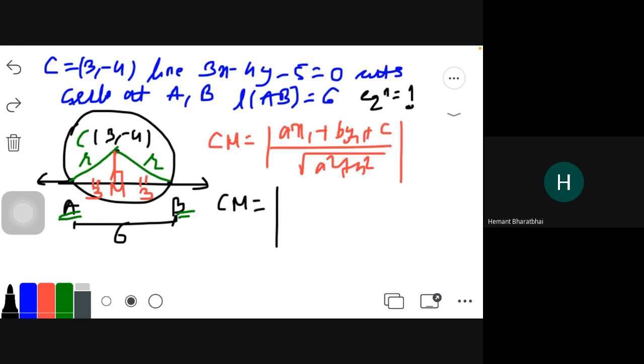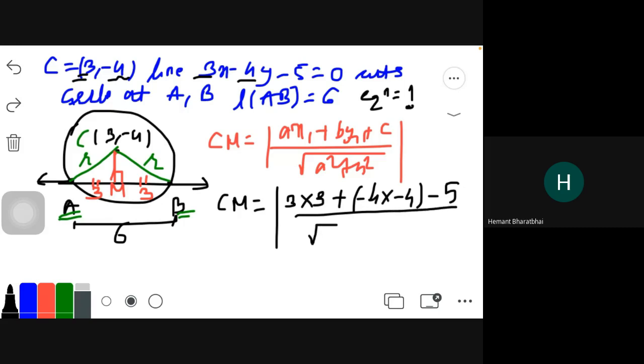So CM will be nothing but: A I'll get from the line, this is my A, this is my B. So 3 into x1, x1 is this point, 3, plus B, B is minus 4, into y1, y1 is also minus 4 over here, plus C, C over here is minus 5, upon under root of a square plus b square.